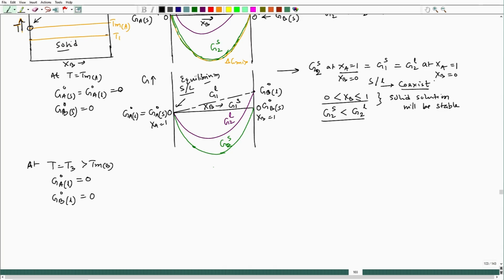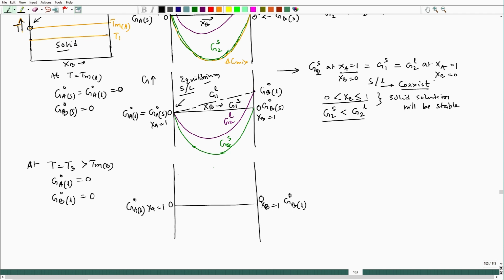That is the stable form, so we take 0 and 0 there. This is XB equal to 1, this is XA equal to 1, and this 0 point is G naught B liquid, and here it is G A naught liquid.